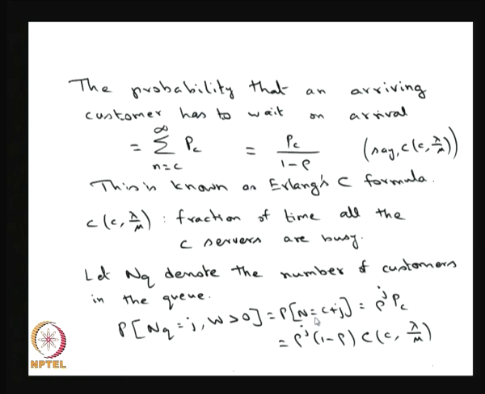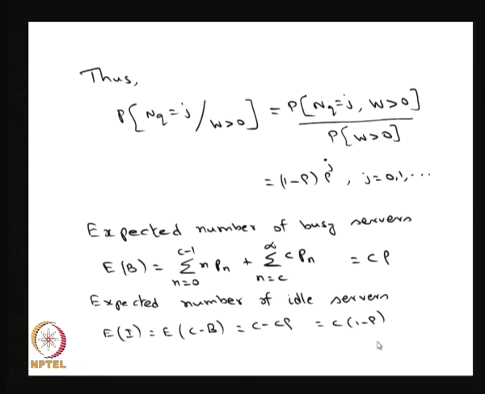That is the same as the number of customers in the system being C plus J. That is the same as the probability that there are C plus J customers in the system. Doing a little simplification, you will get this joint probability in terms of the Erlang C formula.